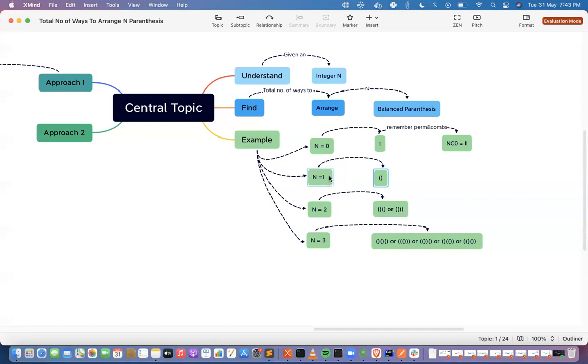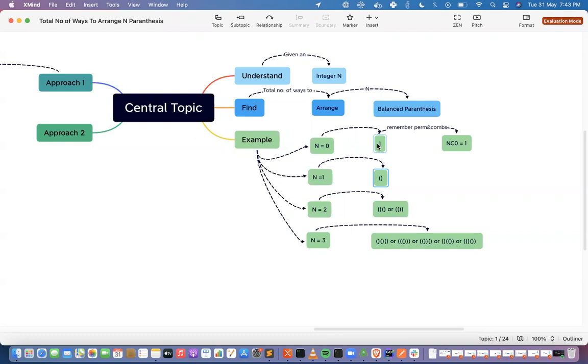For n equals 1, there is one balanced parenthesis. For n equals 2, there are two balanced parentheses. And for n equals 0, there is one possible way. You must be wondering, why is that? For n equals 0, why are we considering that there is one balanced parenthesis? Remember nC0.